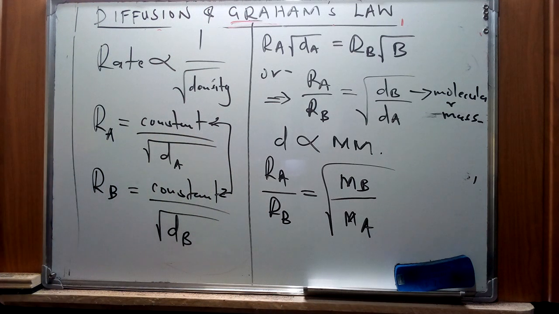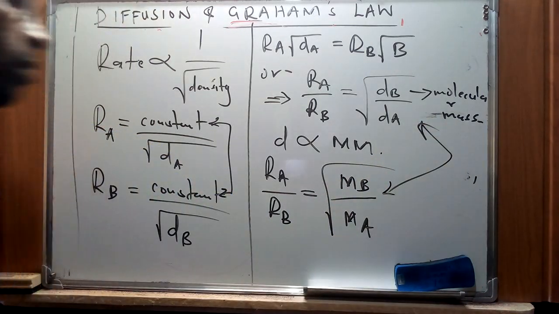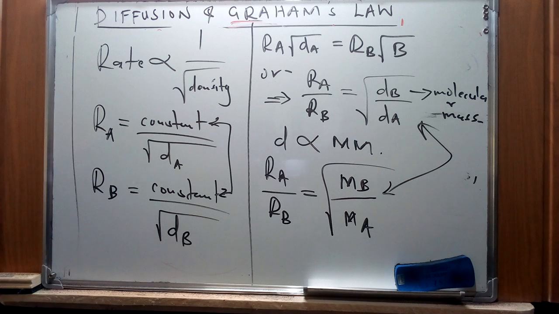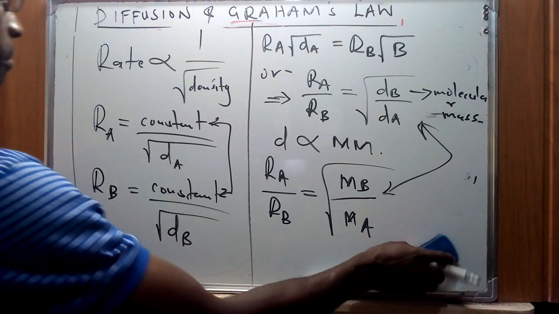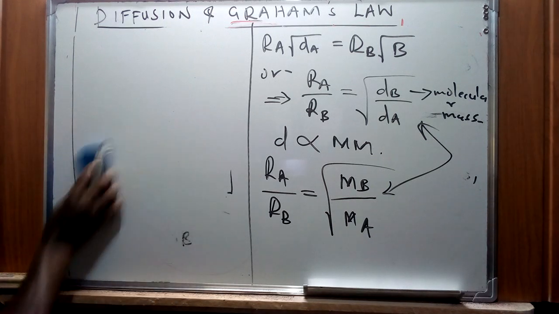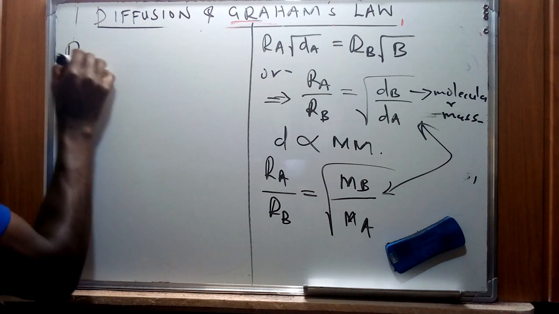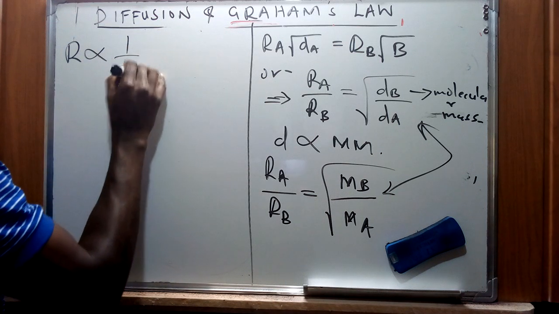So we can also look at other aspects, which are a comparison with either the rate or the density, as we have done a comparison for density and relative molecular mass. And we're going to see that rate is also inversely proportional to time. In this case it refers to the time of diffusion. So we're going to have a relationship whereby rate is inversely proportional to time.